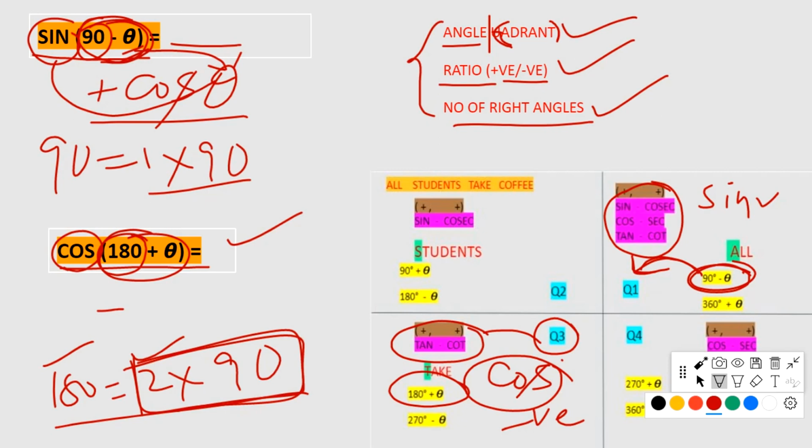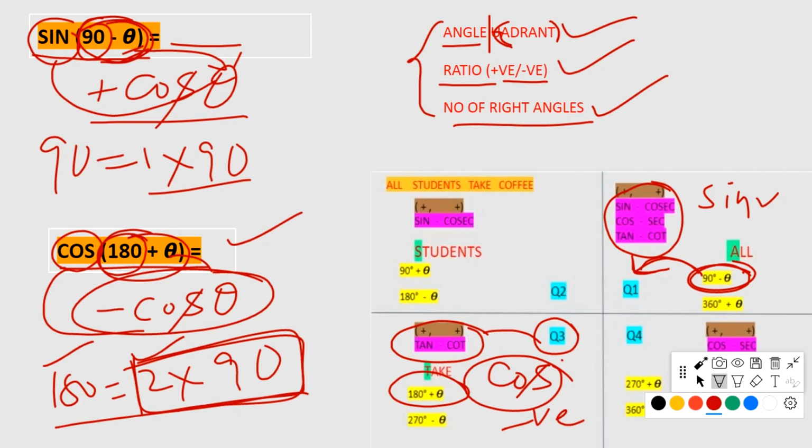Whenever even number of right angles, the ratio is not changed. Whenever odd number of right angles, the ratio is changed. Here the ratio is not changed. Here the ratio is cos. So in the answer, we can write cos theta, with minus. The answer is minus cos theta.